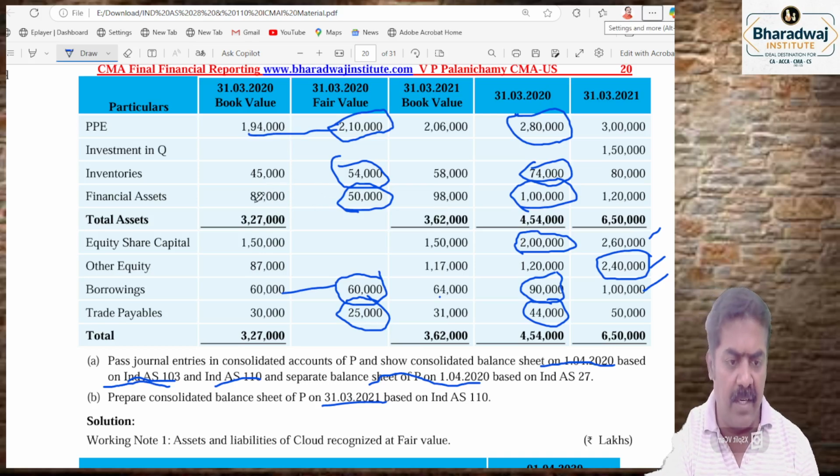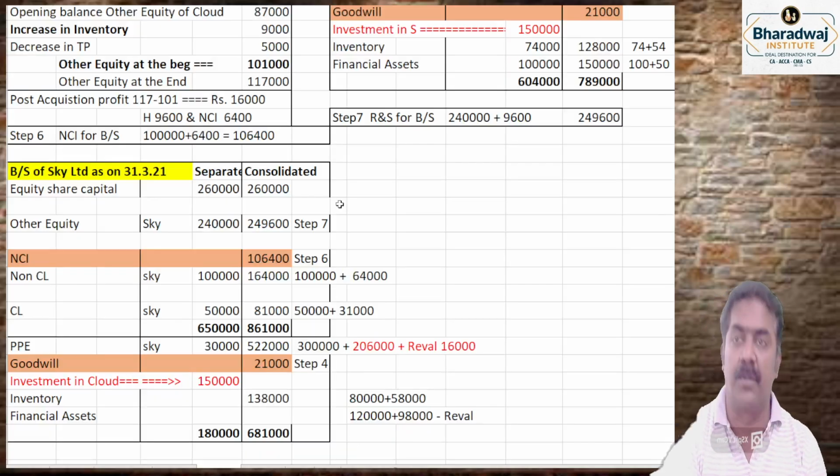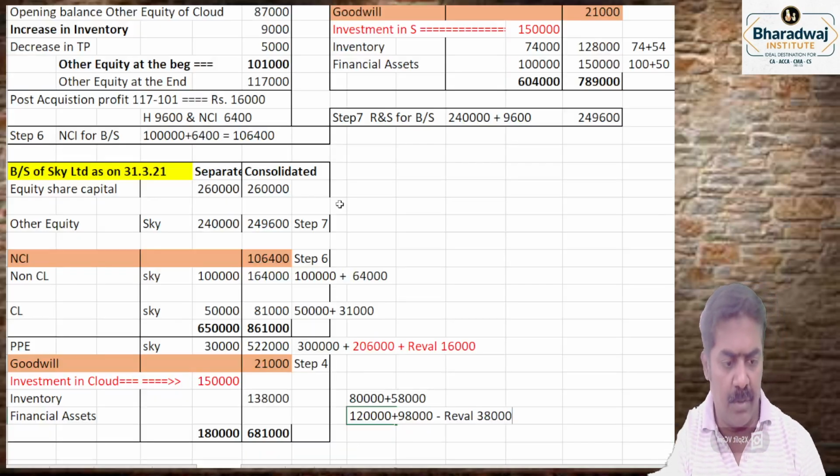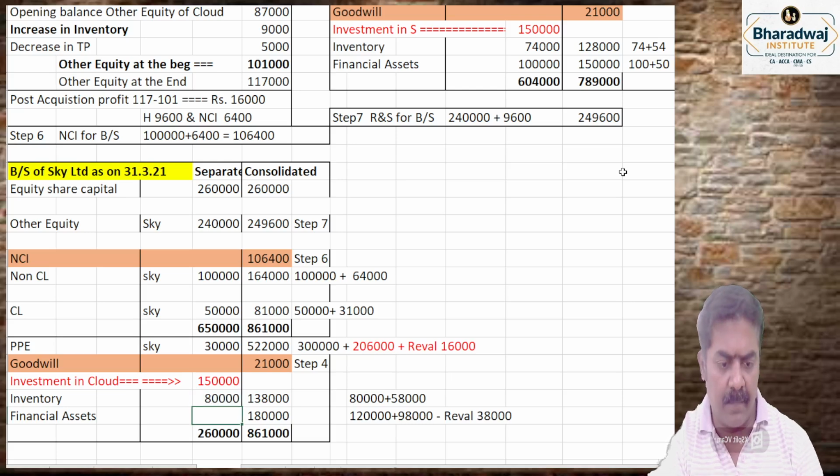Minus revaluation 88 to 50,000. From 88 we reduced to 50,000. How much? So net 1,80,000. Inventory of the holding company will come. Inventory of the holding company, how much? 80,000.